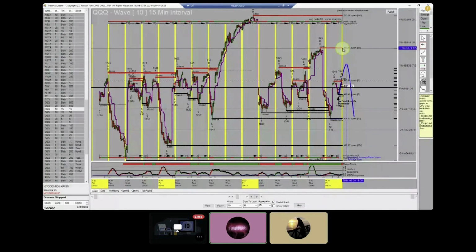So 493.69 can be used as a target, or if the market is in a trend day, you can use it as a breakout level, right? If you see that the market has broken above the last line of defense, then you can take more longs, right? You can take calls and just benefit from it. Make sense?